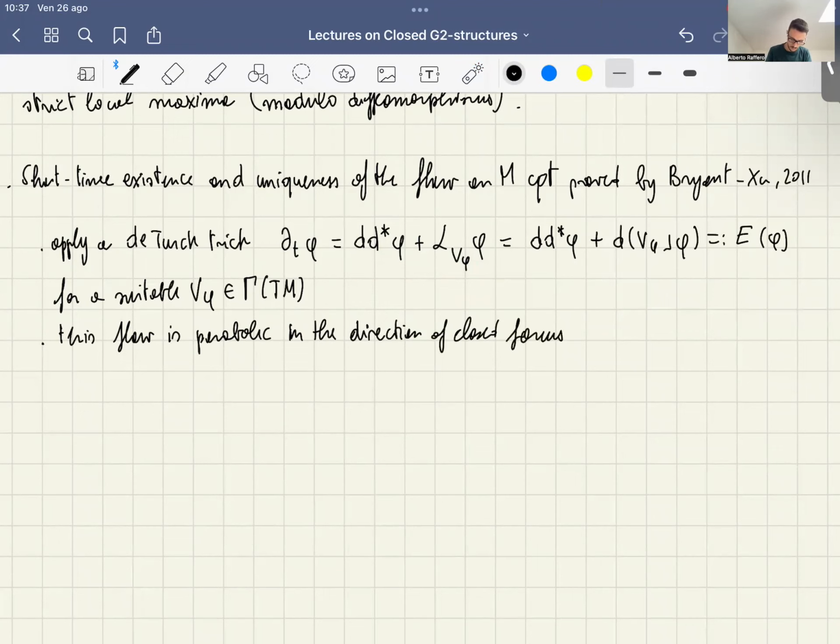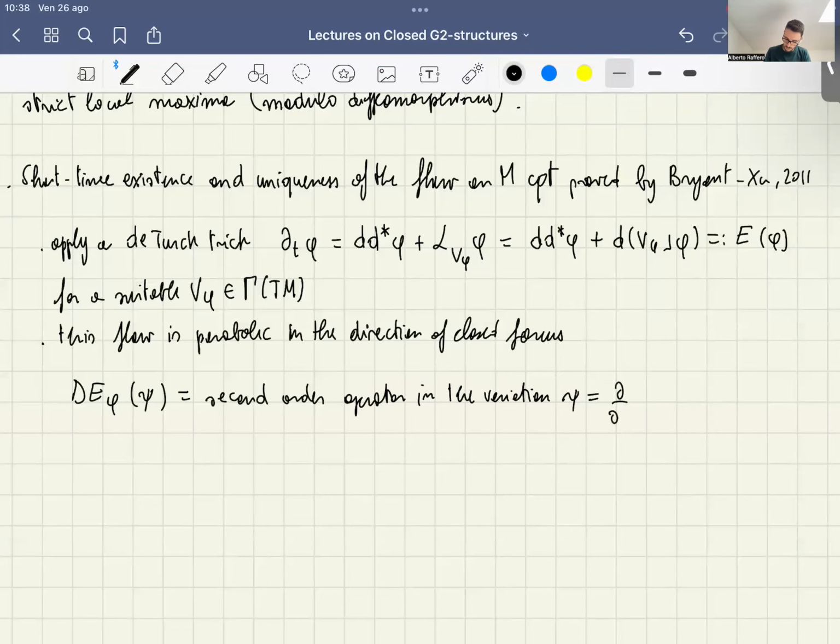So this means that if you consider the linearization of this operator here at a given closed G2 structure with respect to some first variation, then in general you will get some second order operator in the variation, let's say psi, which is the variation of a family of G2 structures depending on some parameter s when it is equal to 0, and assuming that this variation starts from a closed structure.